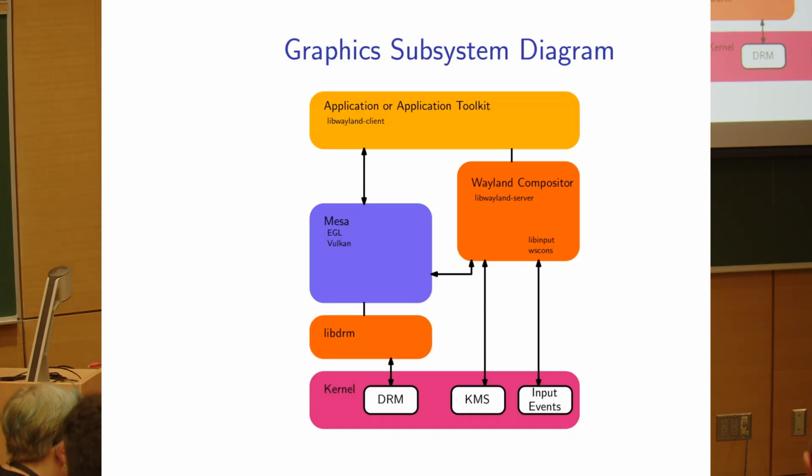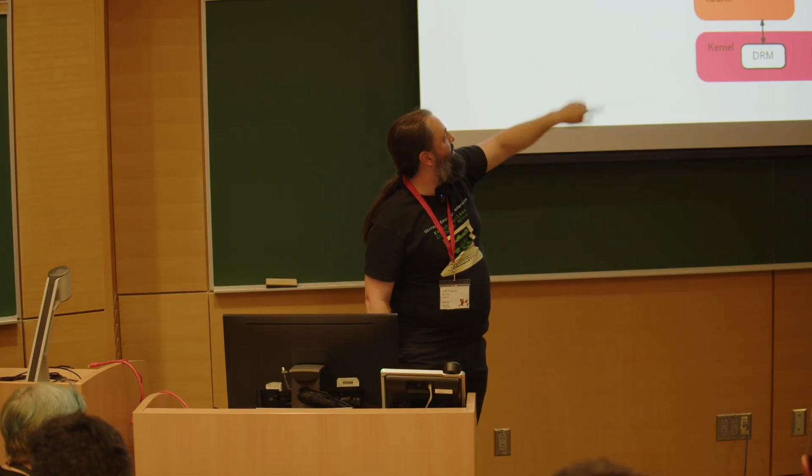All right. Just wanted to pop this up again since I think we're moving to the top section for a little bit more about application talking to both the compositor and Mesa.